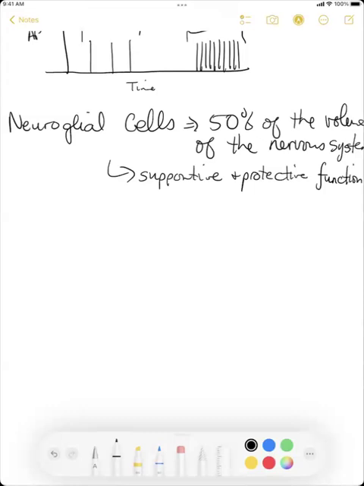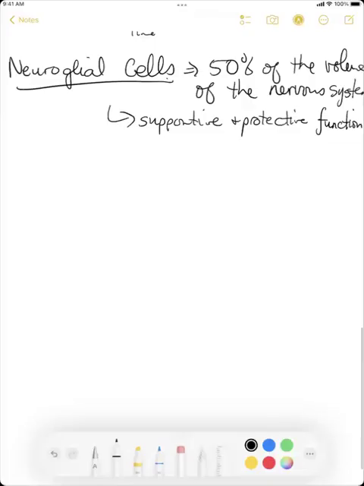And I'll talk a little bit about a few of the types of neuroglial cells. Sometimes they're just referred to as glial cells. I often just refer to them as glial cells, but there are different types depending on whether you're looking at the central nervous system or the peripheral nervous system. I'm not going to talk about all of them, but I'll give you a few examples.